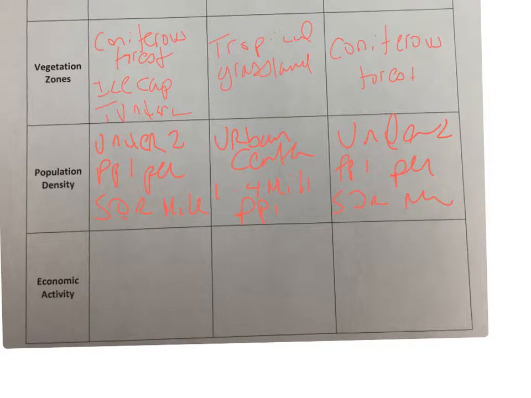So my economic activity for A, we said was hunting and gathering with precious metals. Location B, excuse me, is forestry with natural gas.